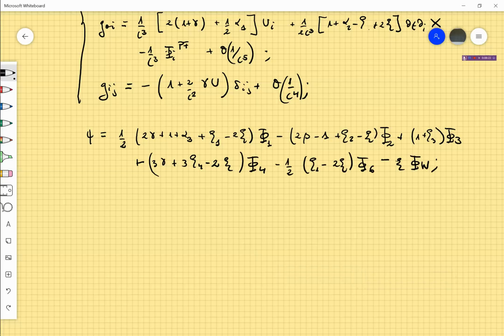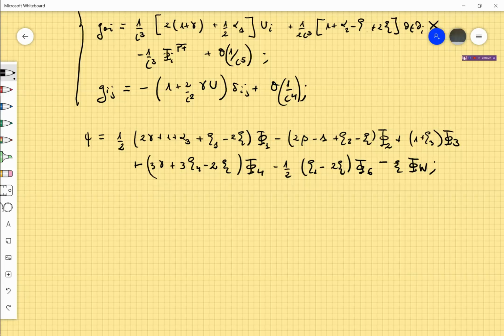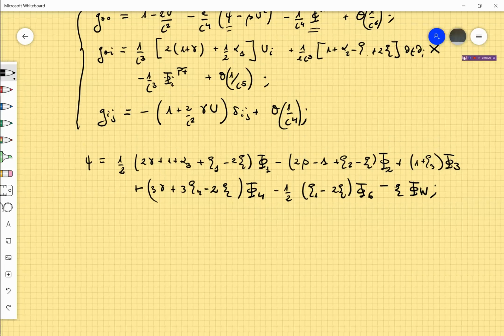Okay, this is essentially the definition of psi. You see that the fundamental gravitational potentials are this, okay, and phi w.